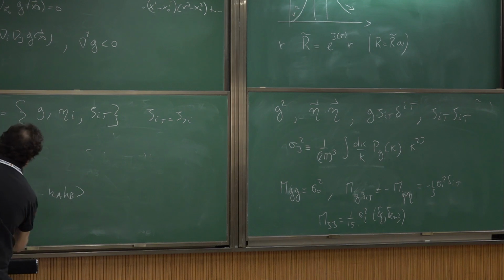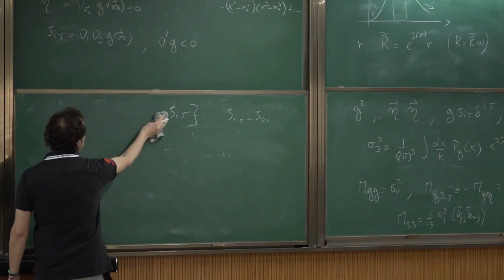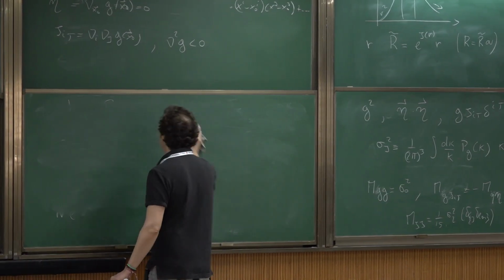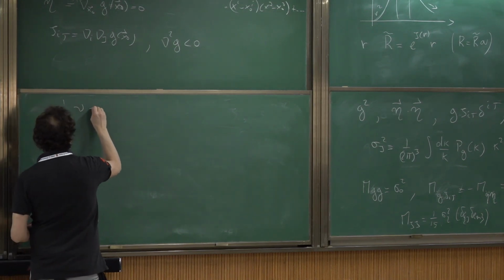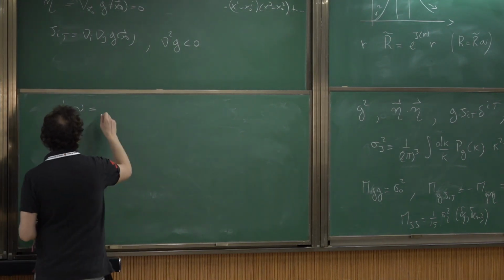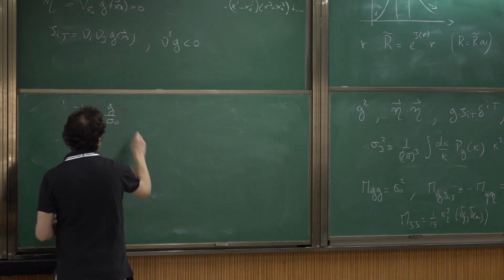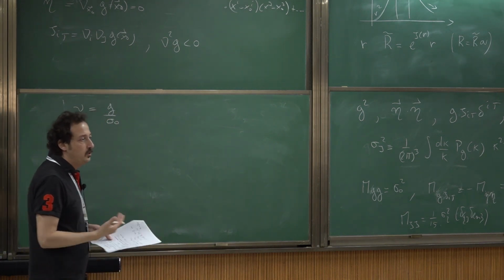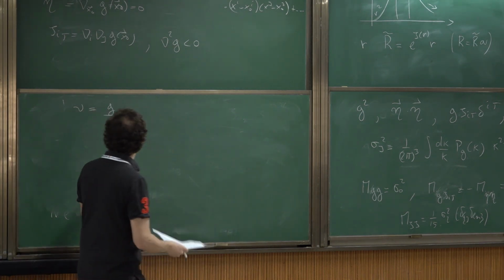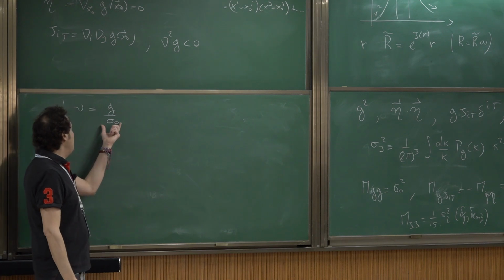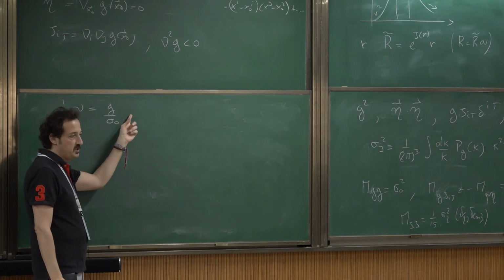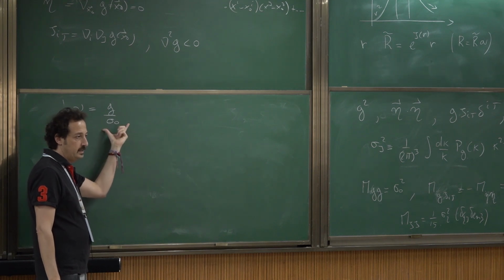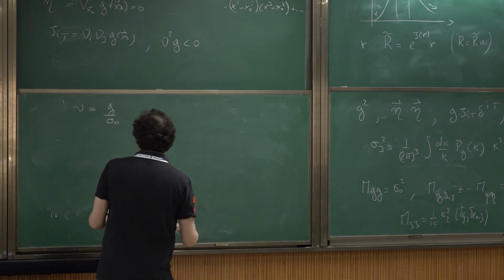So instead of using g, eta i, psi ij, we are actually going to use the variable nu equal to g divided by sigma 0. Then this new variable has variance 1. You can see that the unlucky case is when g over sigma 0 is much bigger than 1, when g is much larger than the variance.